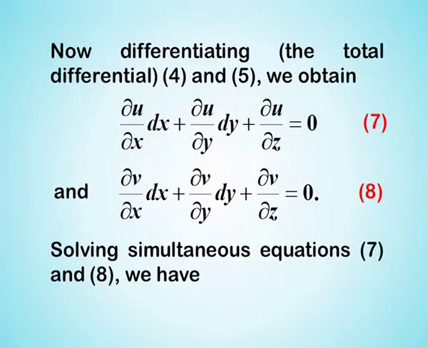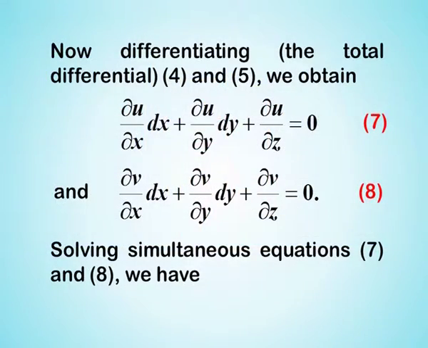This differentiation is again a total differential that we have studied in the portion of our elementary partial differentiation, from where I am borrowing this particular result 7 and 8.